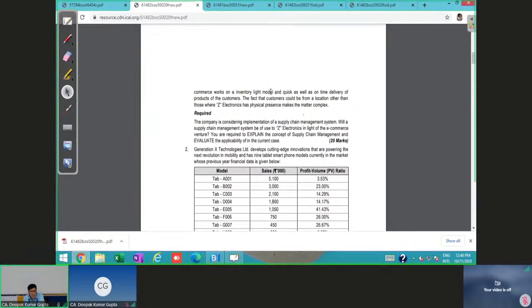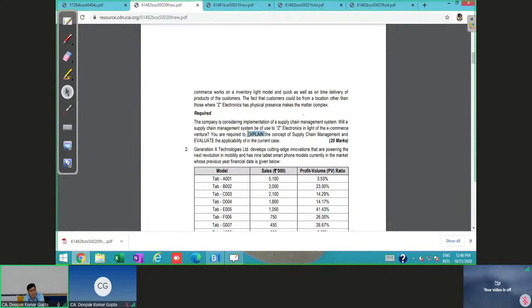New course students may see here how the verbs have been used in a particular question or case study. In the case study given in the mock, the verbs used are explain and evaluate.